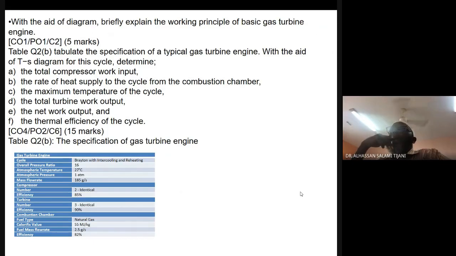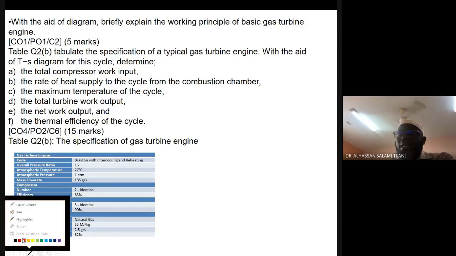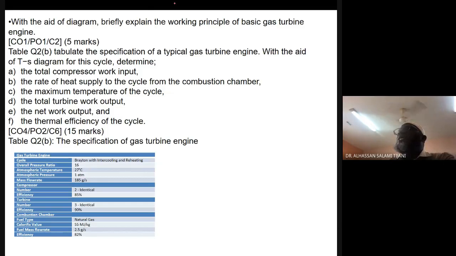So the first part, this is December 2018. Final year exams, December 2018. All right, so final year exam. Then again, the first question says, with the aid of diagram, briefly explain the working principle of a gas turbine engine.